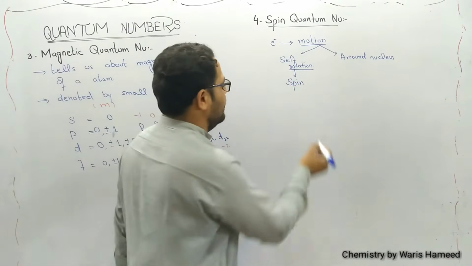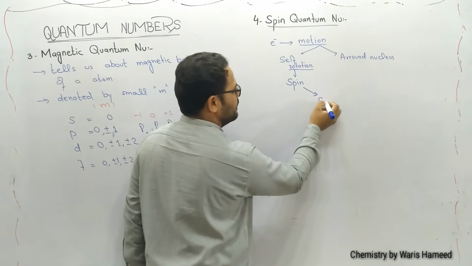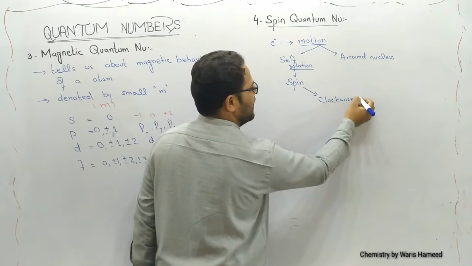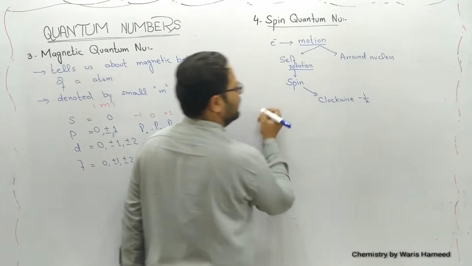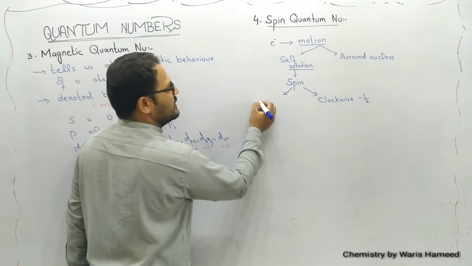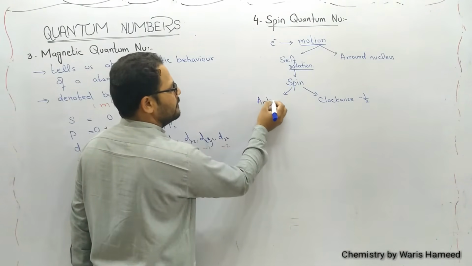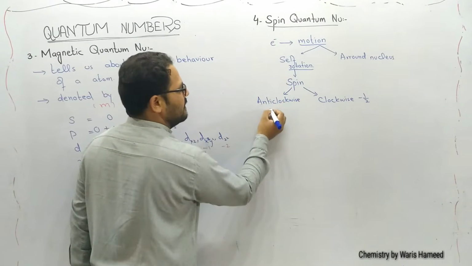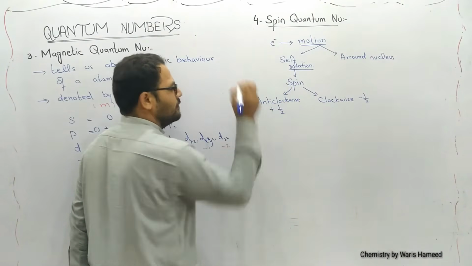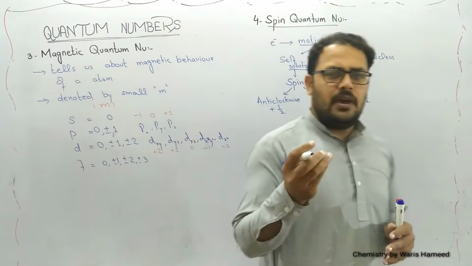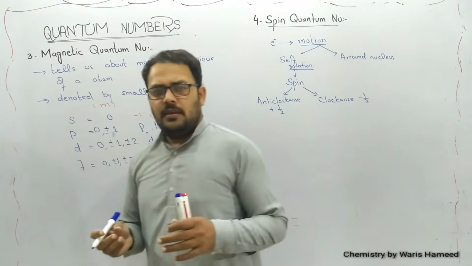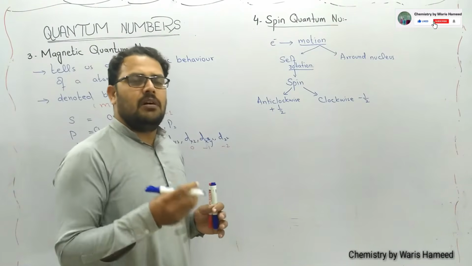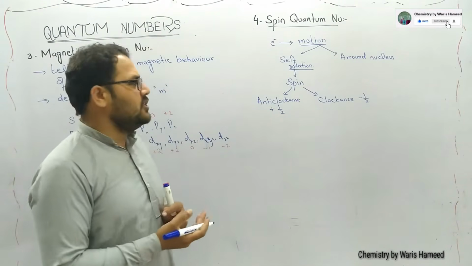If this spin is clockwise, then its value will be minus 1 by 2, and if its spin is anti-clockwise, then its value will be plus 1 by 2. If an orbital has two electrons, then the spin of that orbital will be 0.